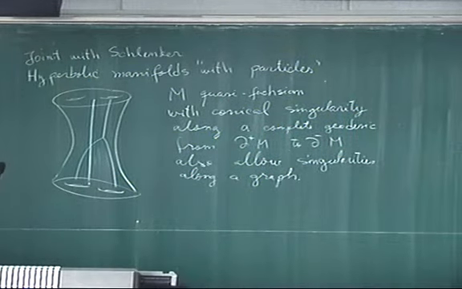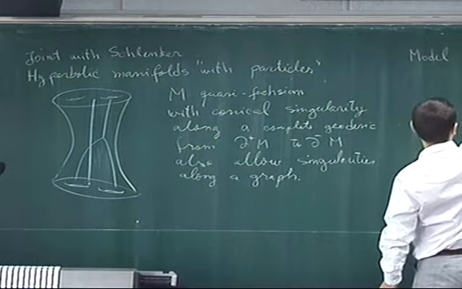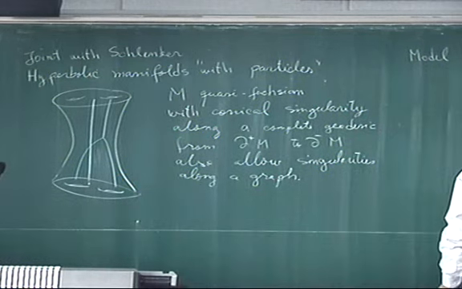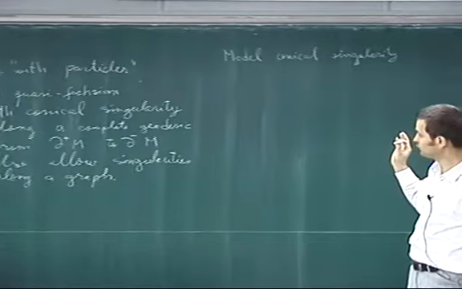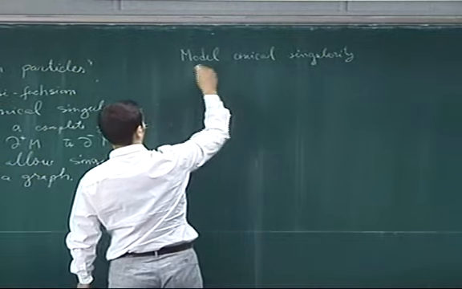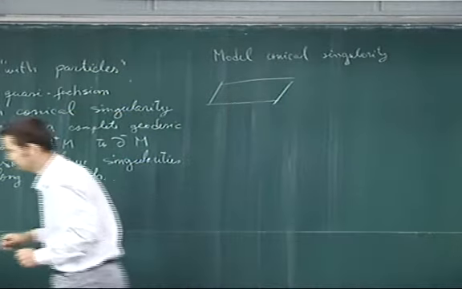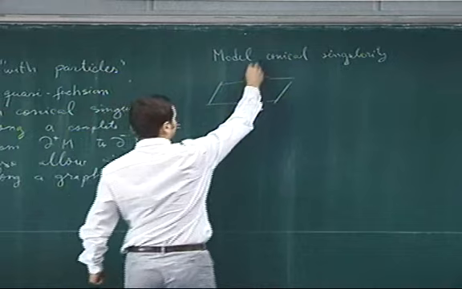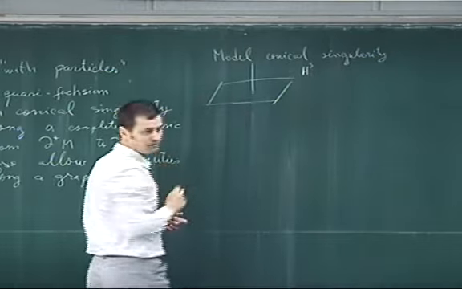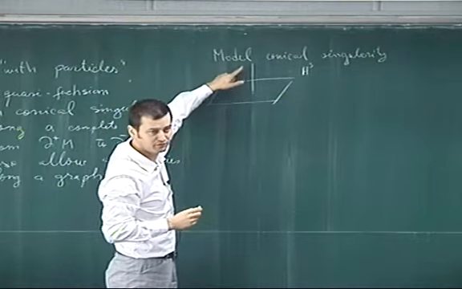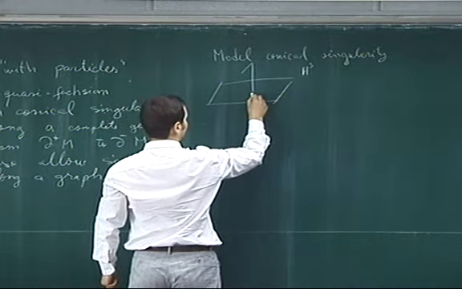Okay, so let me first give the model for the singularity. The model conical singularity: you have hyperbolic 3-space, and you take one geodesic stretching to infinity, let's say a vertical geodesic, and then two totally geodesic planes.